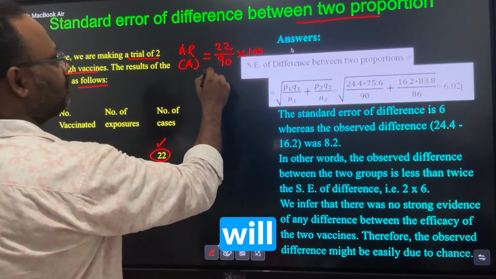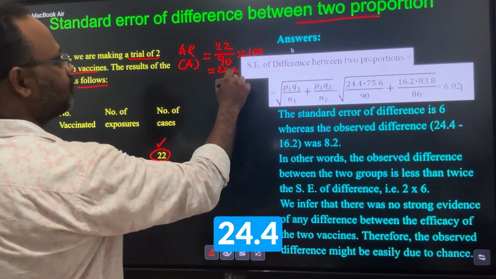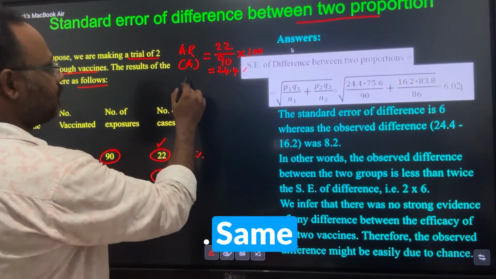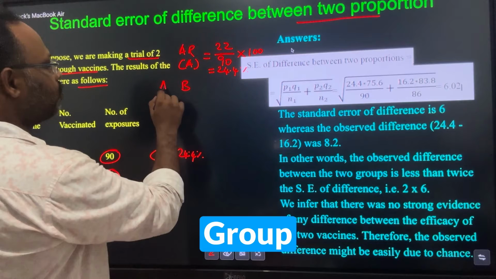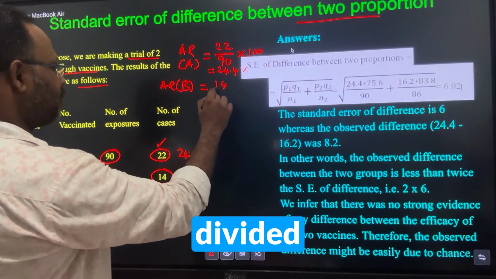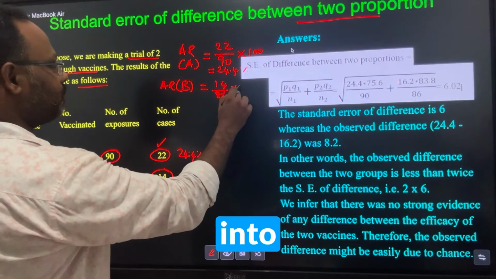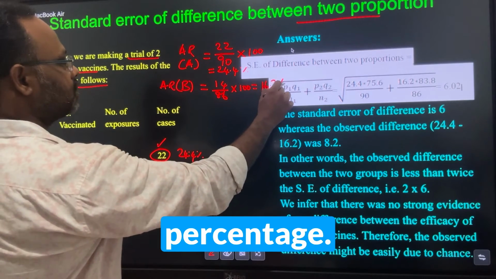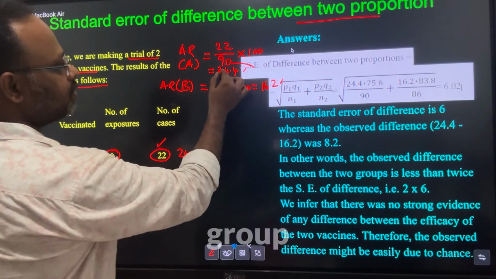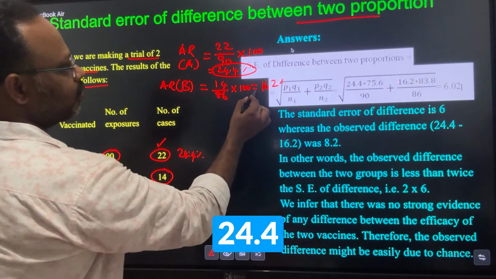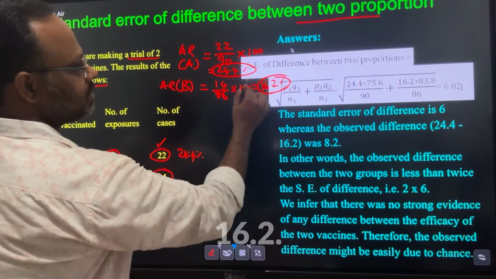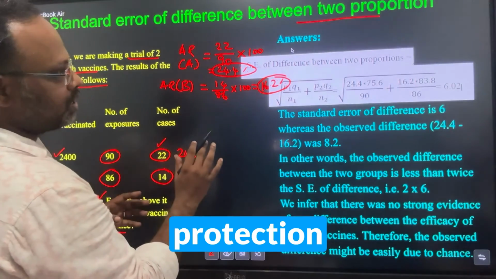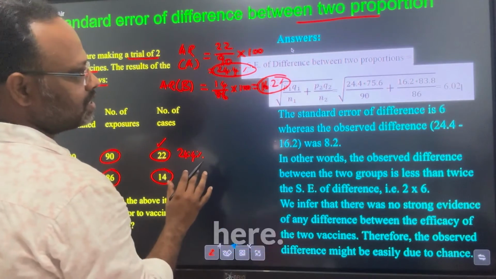If we calculate, we get 24.4 percent attack rate among group A. In the same way, the attack rate for group B will be 14 divided by 86 into 100, which yields 16.2 percent. So group A attack rate is 24.4 and group B attack rate is 16.2. It looks like B has a better protection rate, since the attack rate is less here.